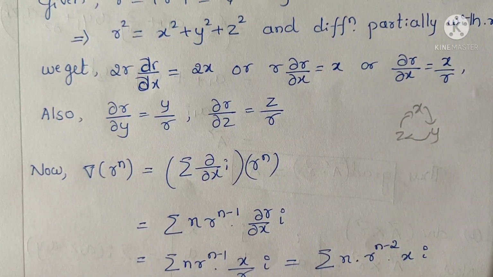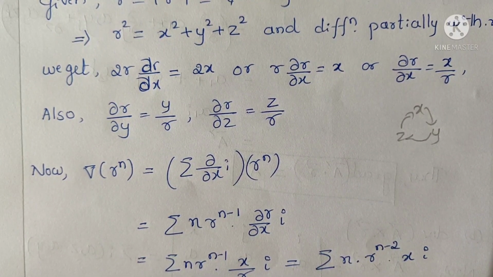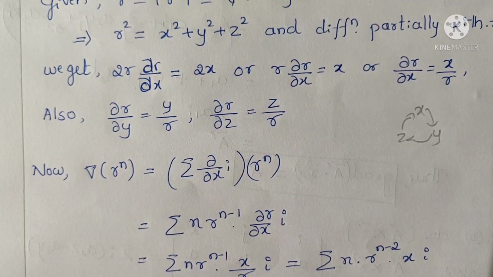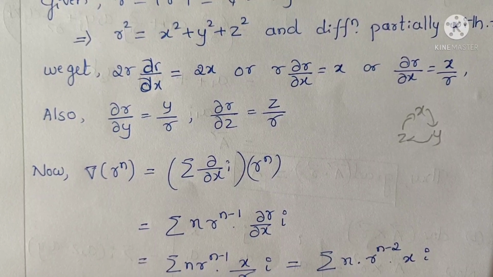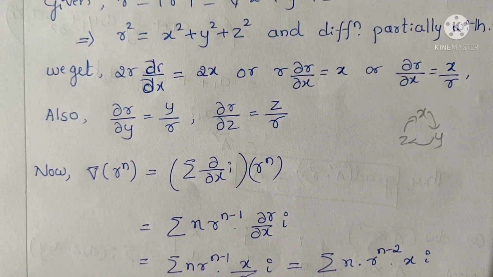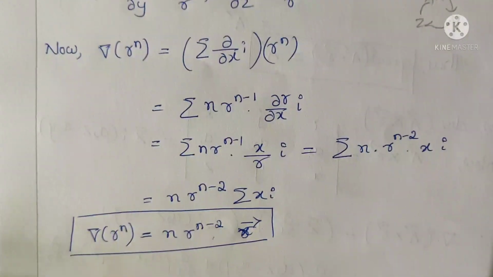But summation of x into i is nothing but your vector r. So del of r^n is equal to n r^(n-2) into vector r. Hence, we proved this.